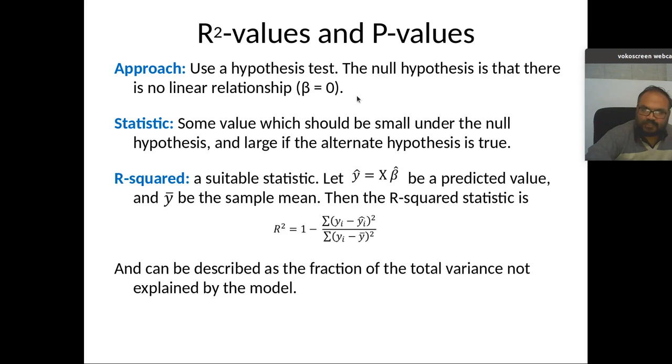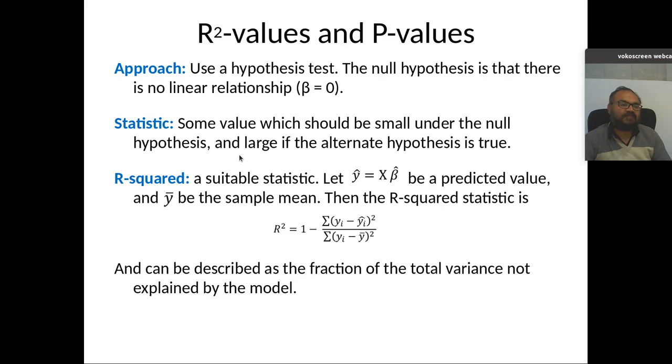So the approach is to use a hypothesis test, as we have seen in our previous lectures, where the null hypothesis would be that there is no linear relationship, or beta equal to 0. To apply that hypothesis test, there are various options. We can use some statistic, which would be some value which should be small under the null hypothesis and large if the alternate hypothesis is true.